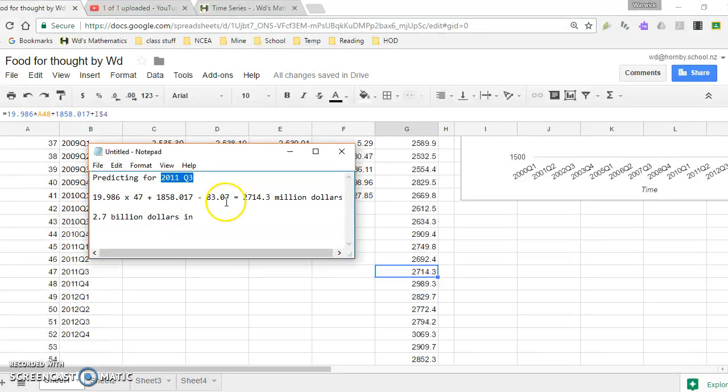Put in your formula because I'll be looking at this when I'm marking it, not your Google Sheet. Put some units in there and round it sensibly. So I've rounded it to 2 significant figures because those numbers aren't very accurate when you're guessing a year in the future for something like this. All right, so good luck, have fun.